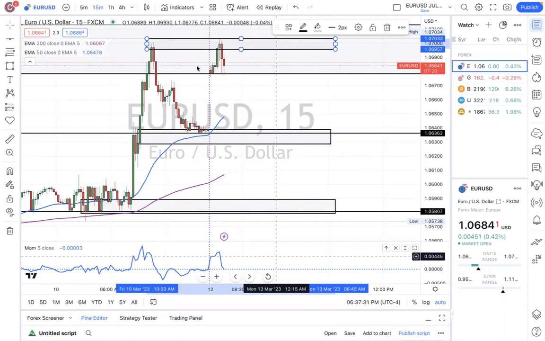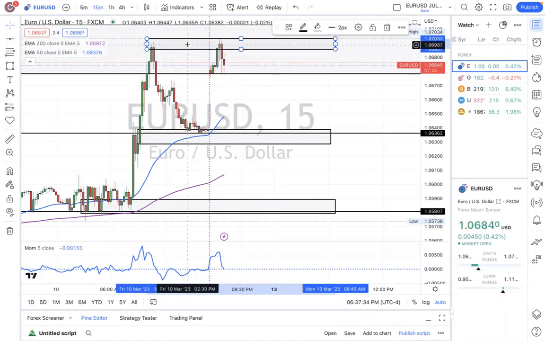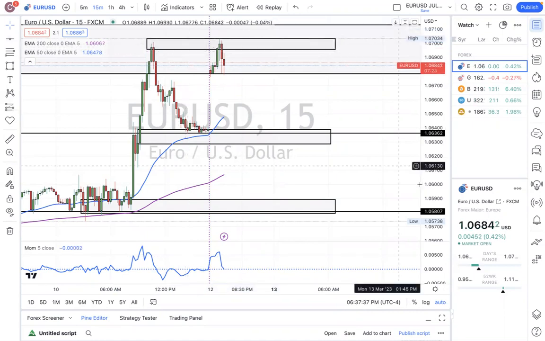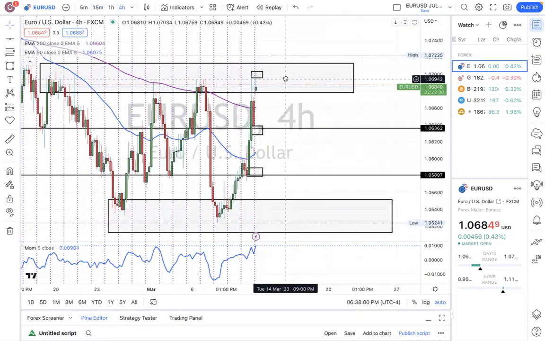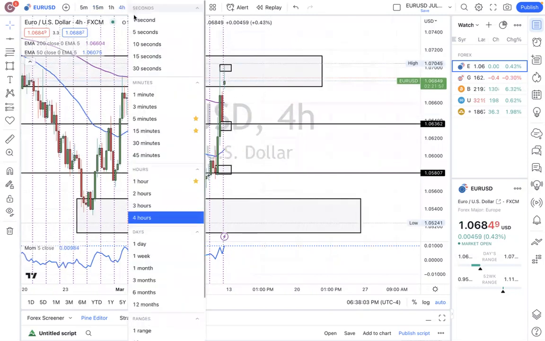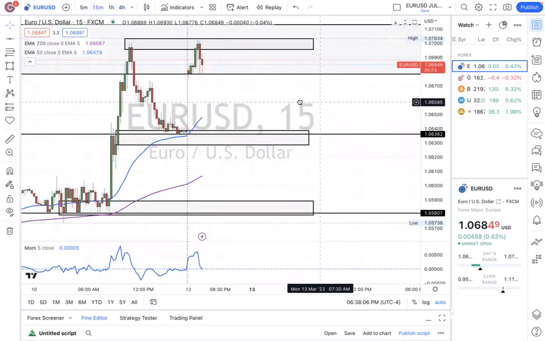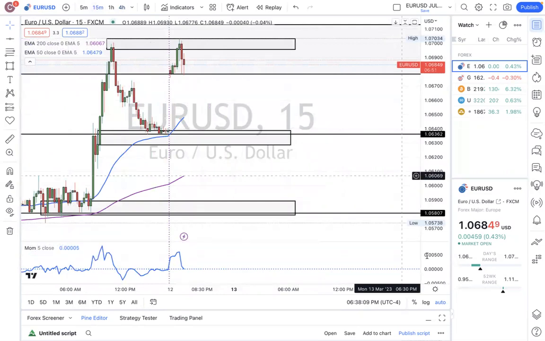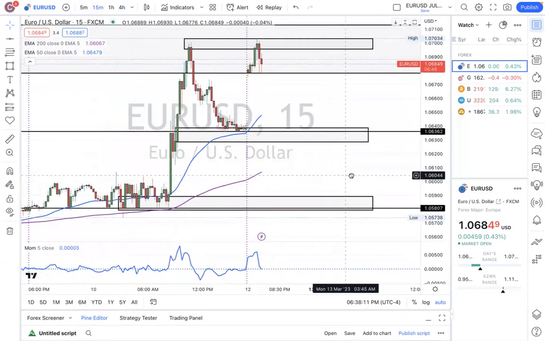So it will be sell limit at, I'm going to put halfway to this candle. 1.06900. And then you guys can set your TPs and your stop loss accordingly.